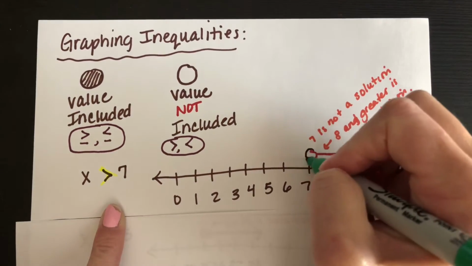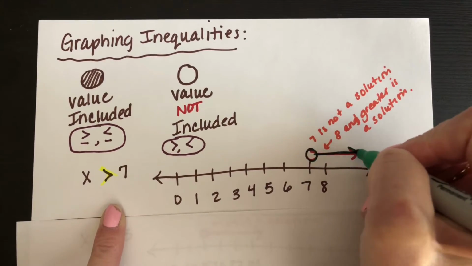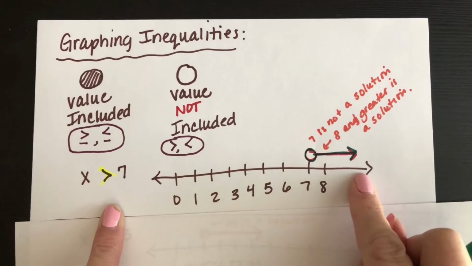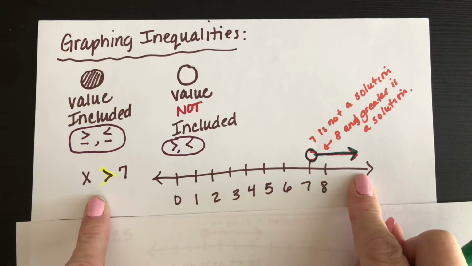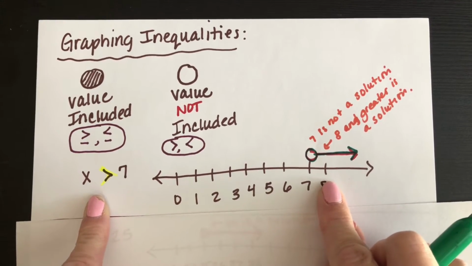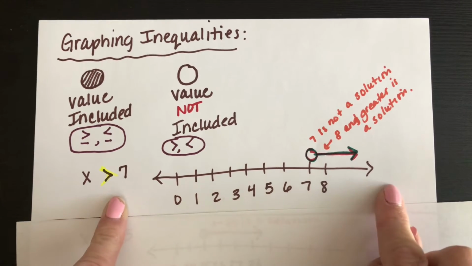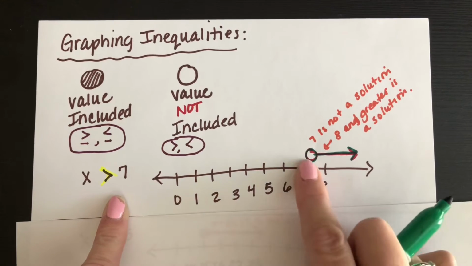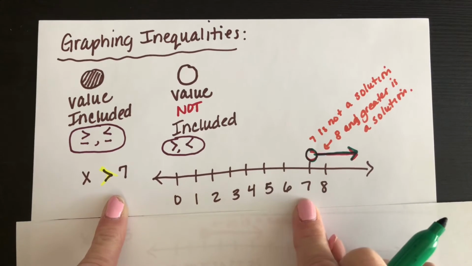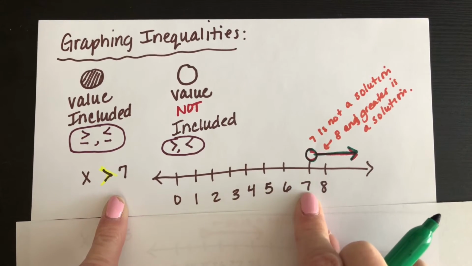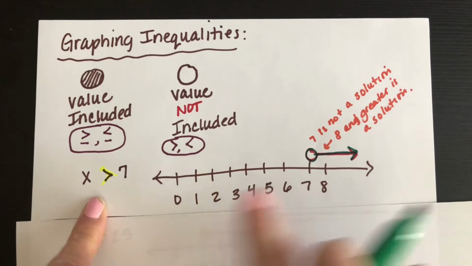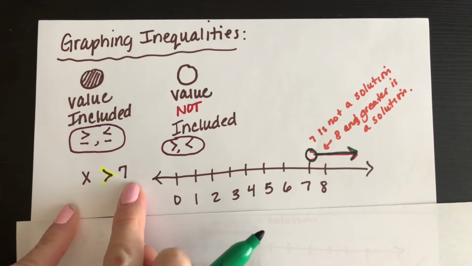So I put my circle on 7 and draw it to the right. So anything above 7 can be x. x can be 8 or greater. It could be 9, it could be 10, it could be 100, as long as it's greater than 7. But it's not shaded because it's not 7. 7 is not included in the solution. It's anything greater than 7, hence the words x is greater than 7.